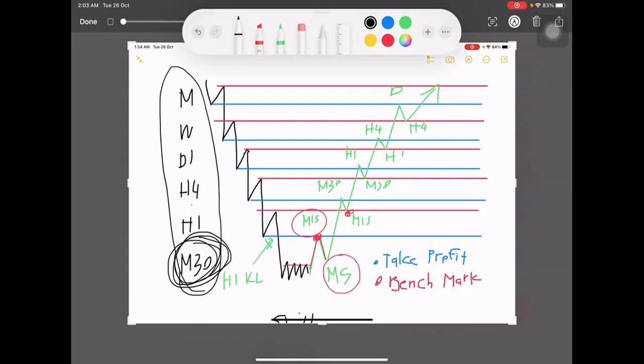On the weekly level, we look for a setup on H4, and the stopper for that setup is daily. So when price comes back to a daily level, we look for a setup on H1.